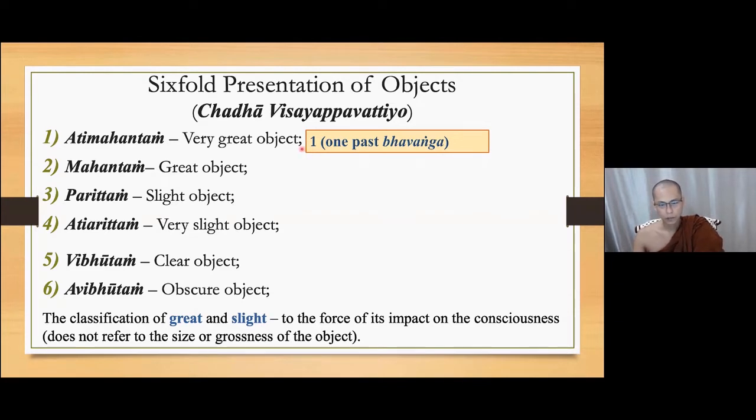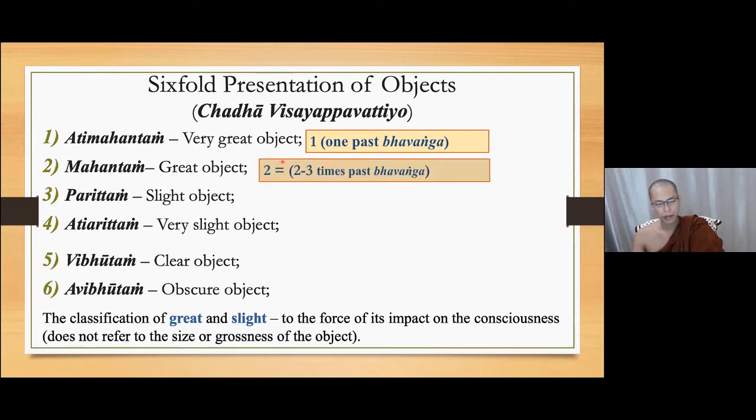So if the Bhavanga moment is fewer, the cognition process is longer. If the Bhavanga process is longer, the cognition process is shorter. So when the very great object appears, with only one past Bhavanga, then the 5 door process comes to appear. Because it is in a short time, it gives rise to the mental process. That is why it is regarded as the very great object.